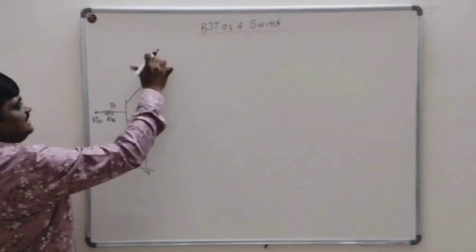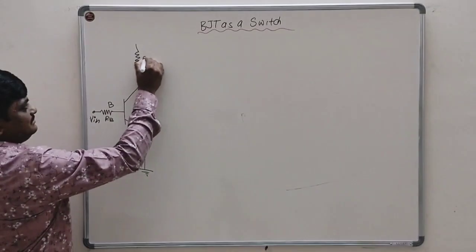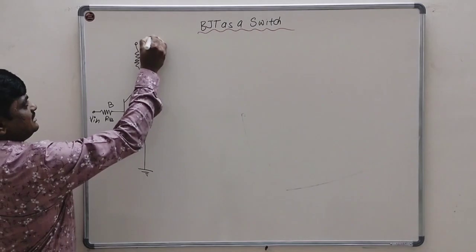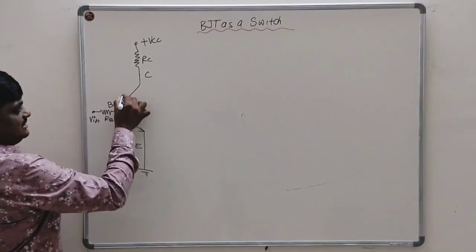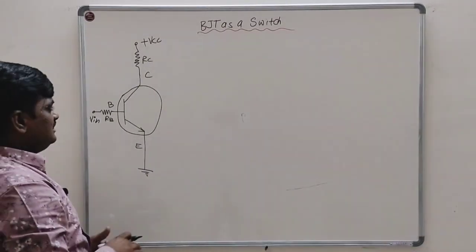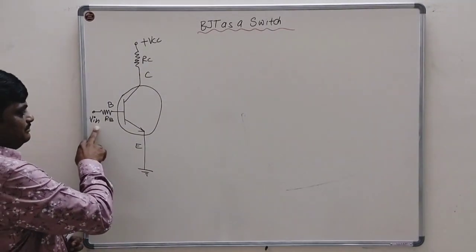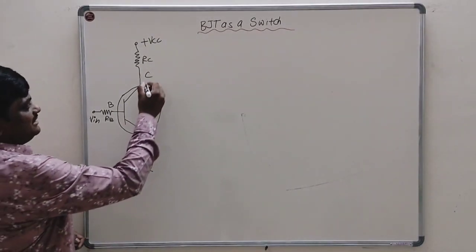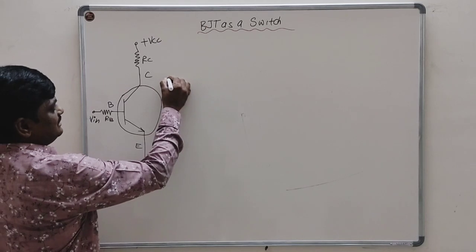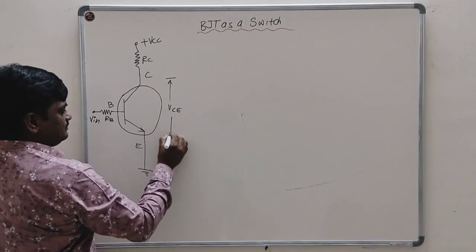In series with the collector, I have a resistor RC, and here I am applying plus VCC. So this is the simple circuit in which this BJT can be used as a switch. Input is given to the base, and we will measure the output between the collector and emitter. So VC is the output.